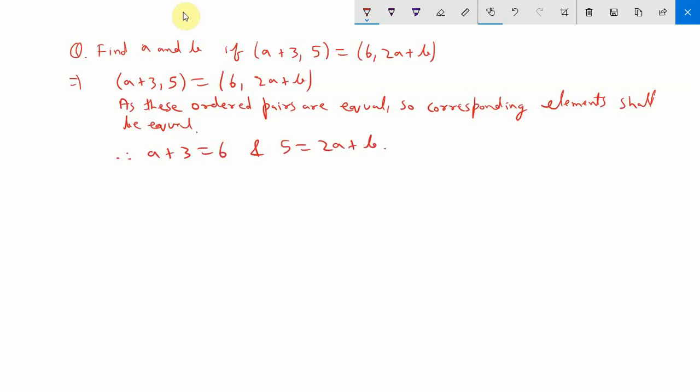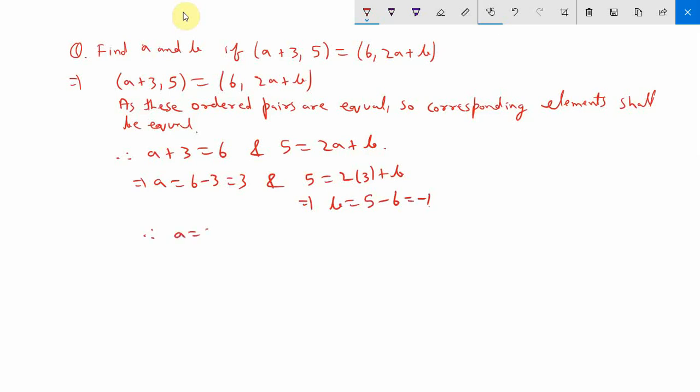So from here we will get a equal to 6 minus 3 equal to 3, and for b, from 5 equal to 2a plus b, as we have calculated a, a is 3, so 5 equals 6 plus b, and from this we get b equal to 5 minus 6 equal to minus 1.